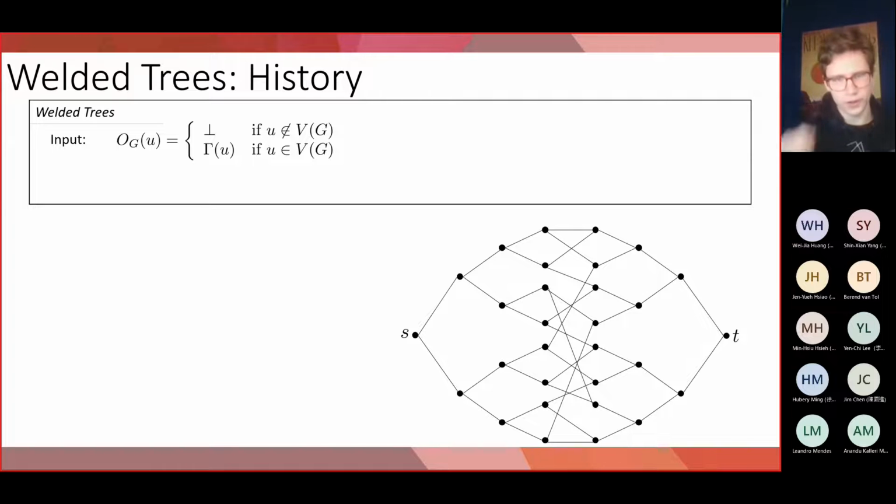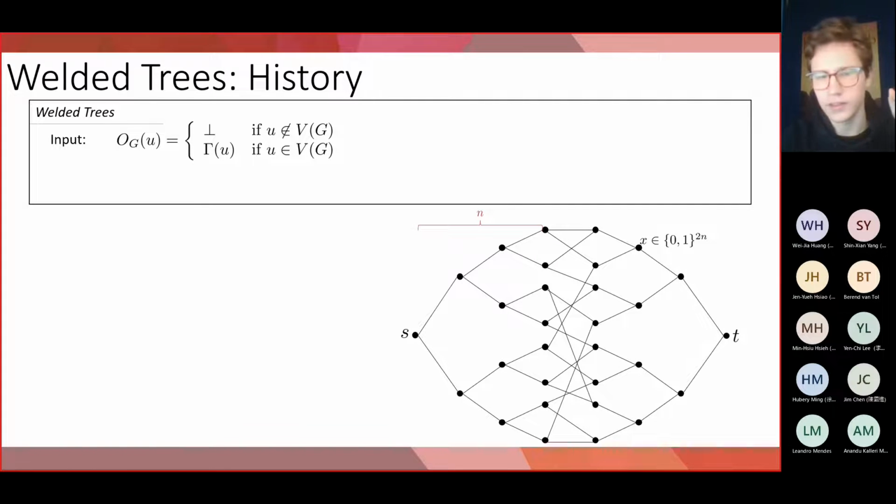So how does this graph look? We have two binary trees, and each binary tree has depth n. In the middle, these trees are welded together in a random way, such that the degree of each vertex is 3, except for the start vertex and the end vertex.